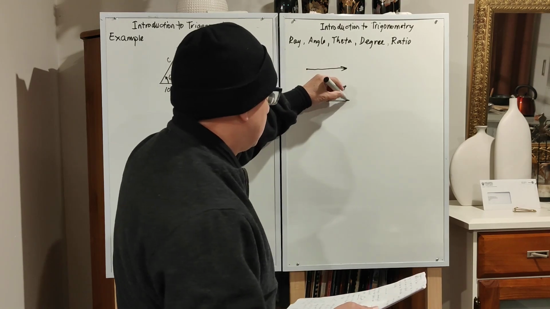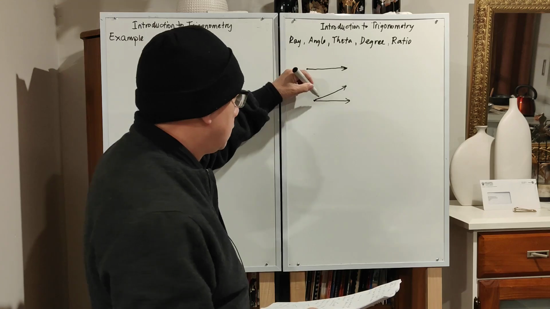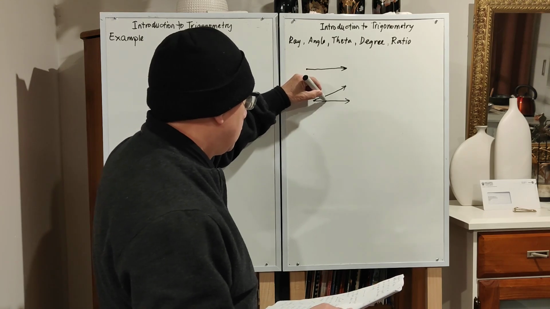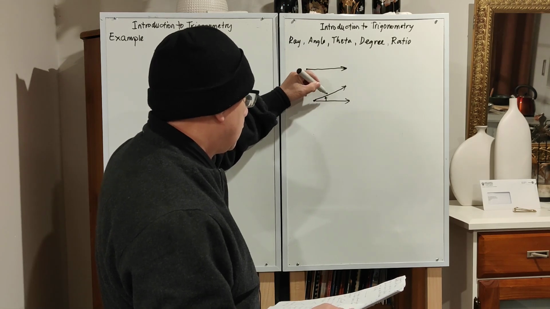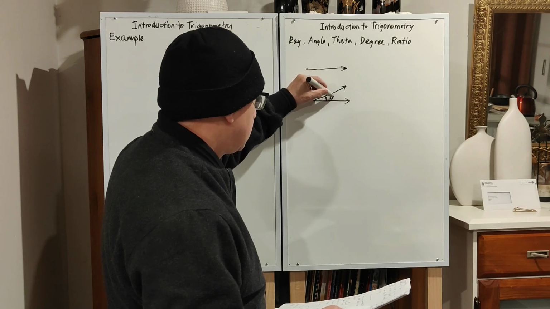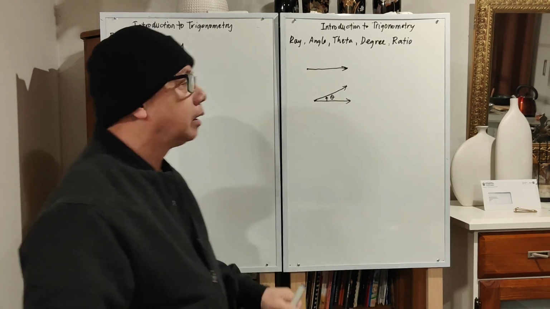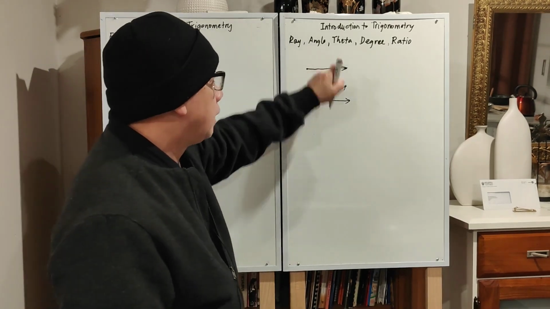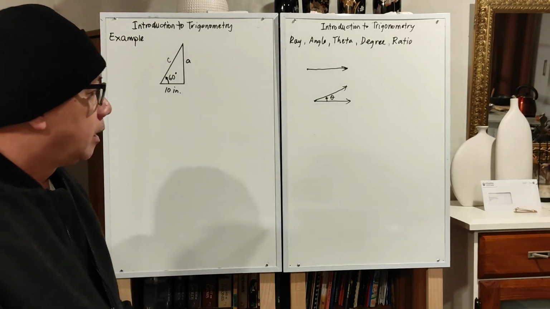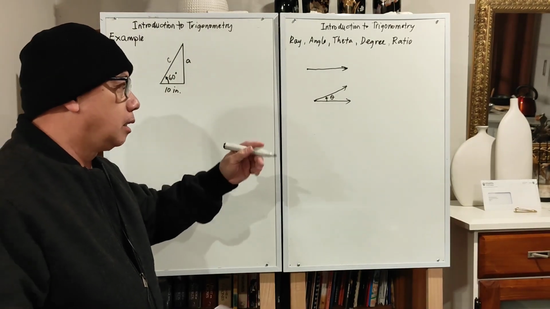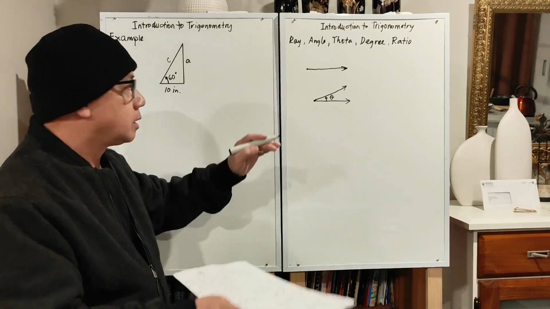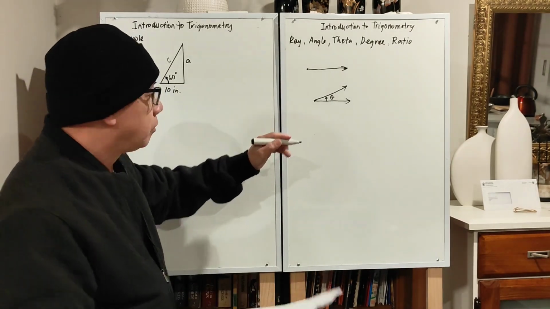So these are the two rays, they have a common fixed point. This is called the angle, which is usually denoted by the symbol theta. Now the angle is the closeness or openness of two rays.